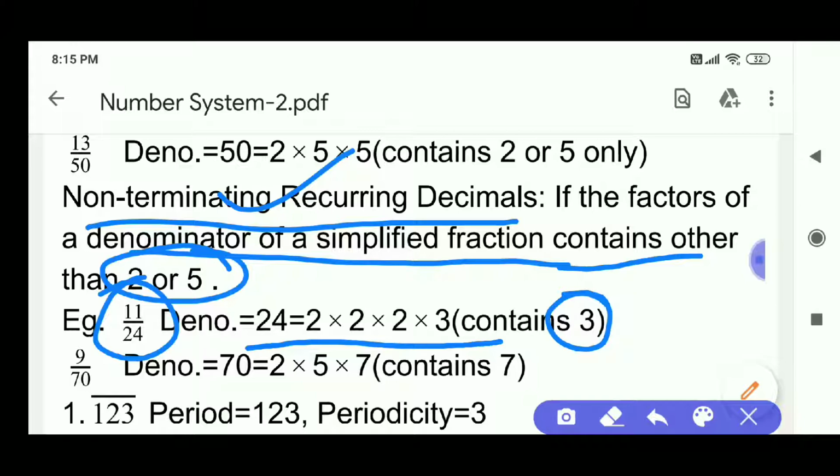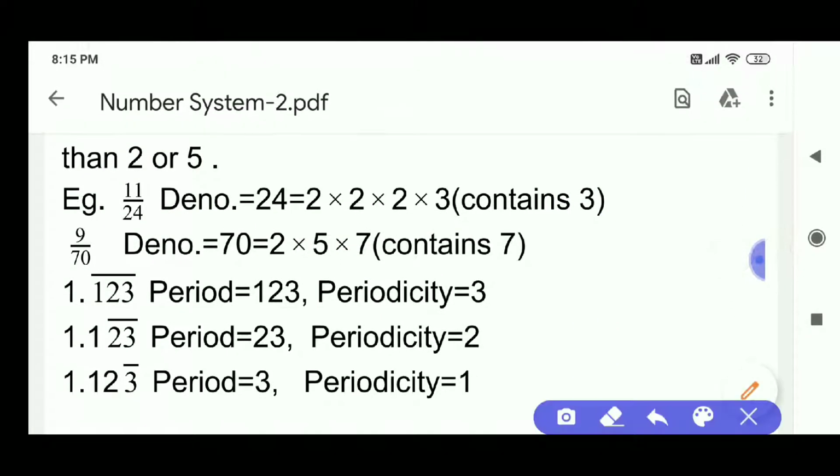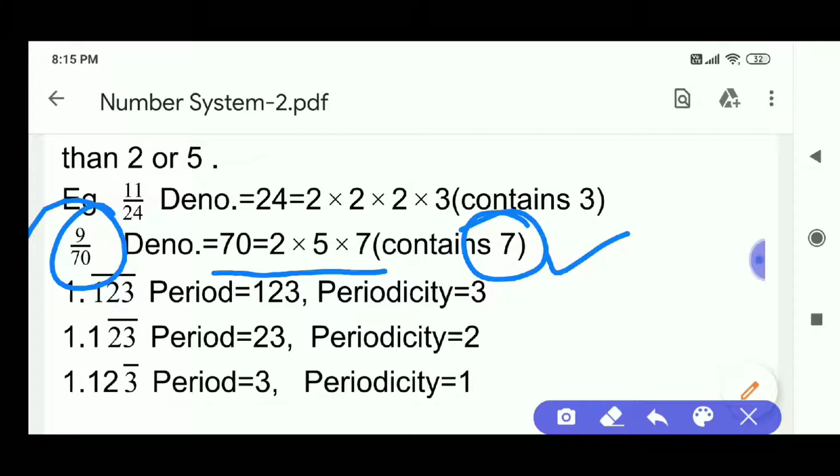So it is a non-terminating recurring decimal. Similarly, one more example, 9 by 70. 70 is 2 into 5 into 7, contains other than 2 or 5, that is 7. So 9 by 70 is a non-terminating recurring decimal.